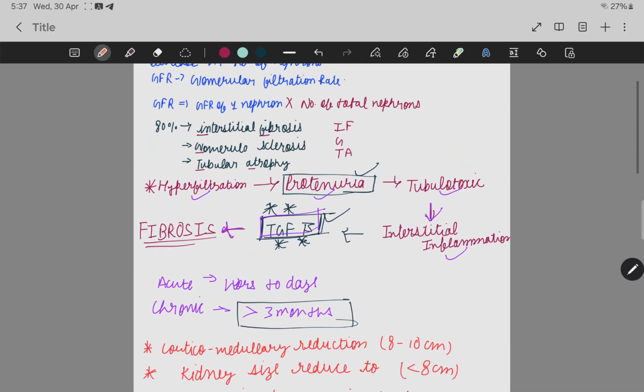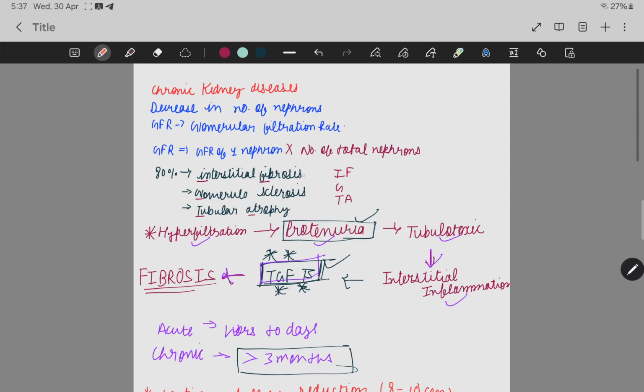As I told you before, 80% involvement in chronic kidney disease is of interstitial fibrosis, second, glomerular sclerosis, and third, tubular atrophy. But it is the fibrosis, which is taken into consideration to check the intensity of the injury.